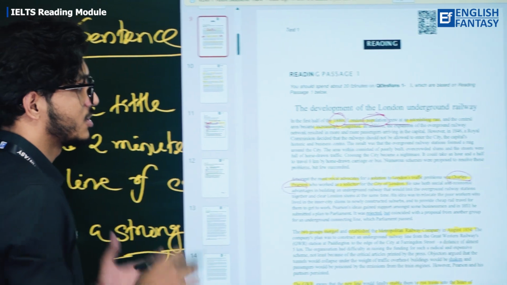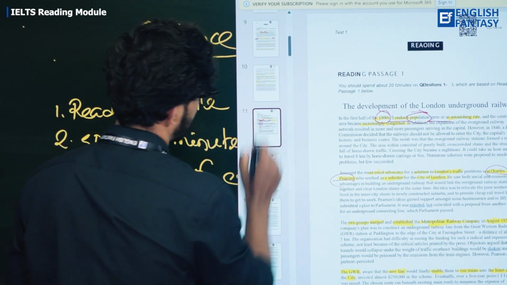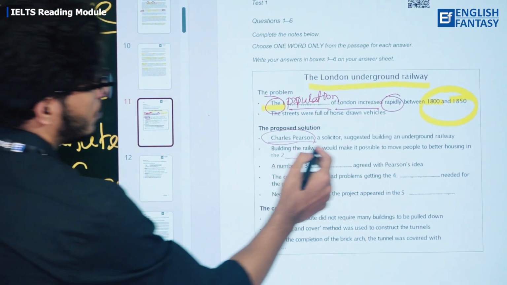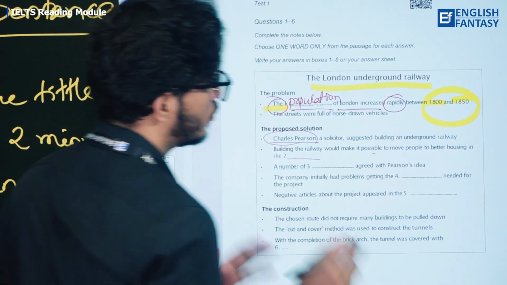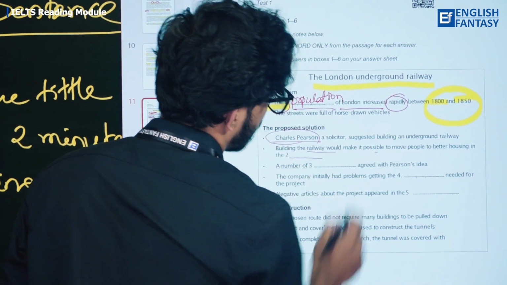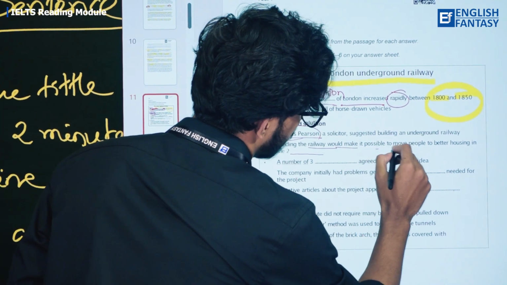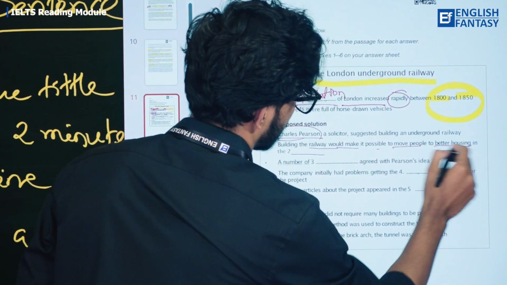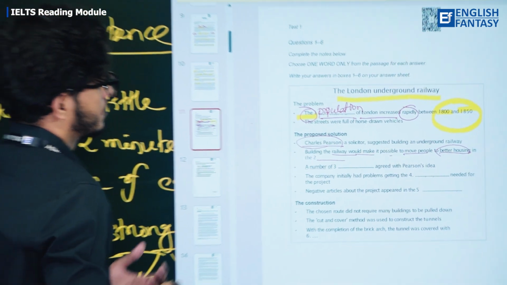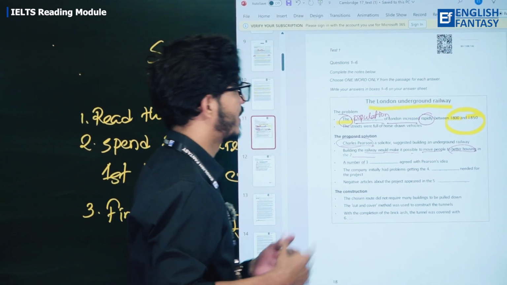So the answer should be here in the second para. Building the railway would make it possible to move people to better housing in the dash.